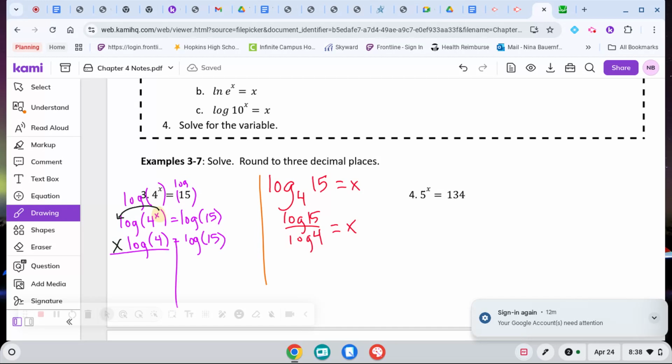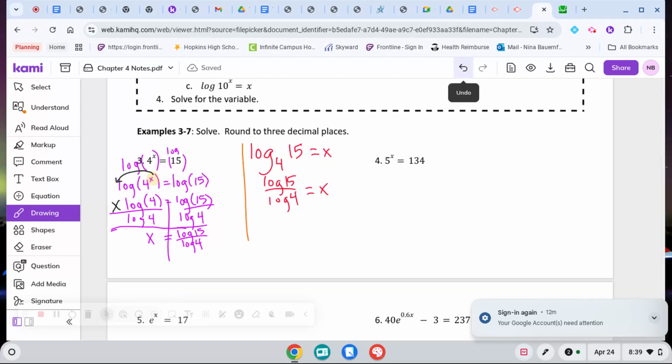And we can divide by log 4, divide by log 4. And then we get x equals log of 15 divided by log of 4, which is literally what we did here much more quickly, but sometimes you kind of need additional tools. So it's just another tool to throw into your toolbox.